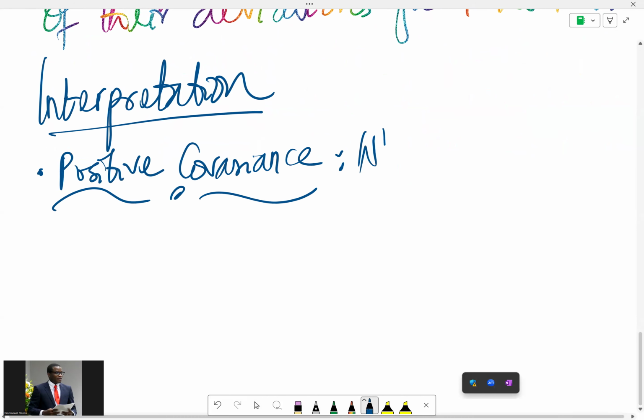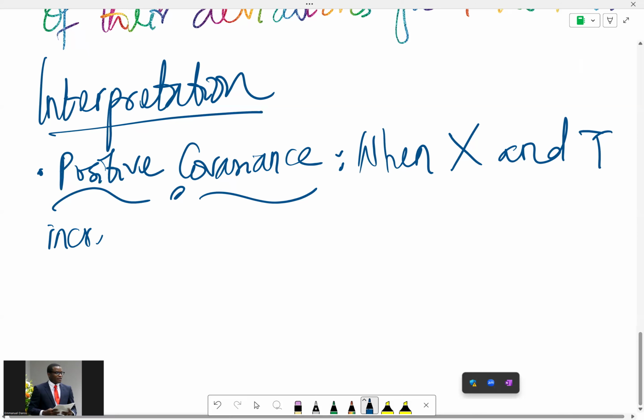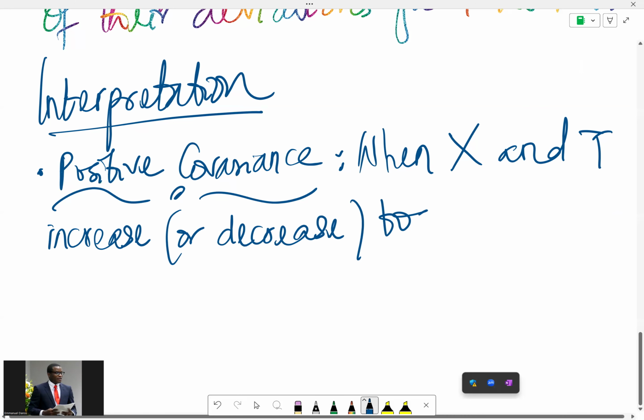When x and y increase or decrease together, then you can say you have positive covariance.